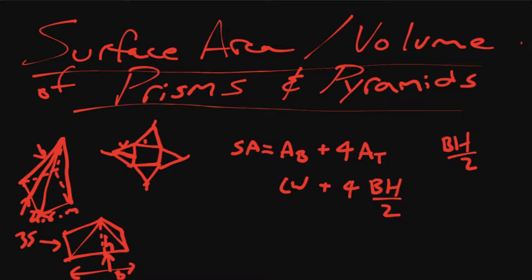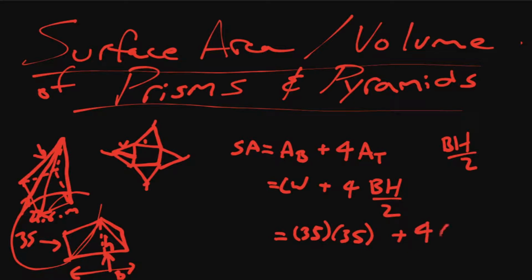So if we were to plug in these two numbers, then we would end up with the length and the width of the square are 35 each, and then we have 4 times the base, which is 35 still, and the height of 27.8 divided by 2.